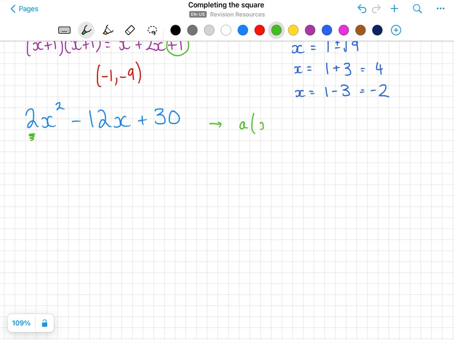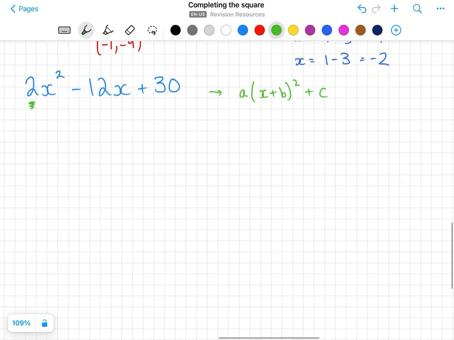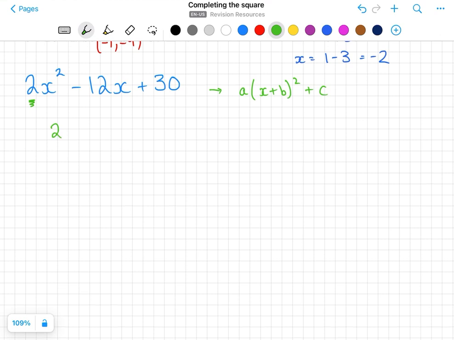They want the form a(x plus b) squared plus c. So what we have to do on our first step is take out 2 as a factor, because whatever the number in front of your x squared is, that is what you need to take out of the bracket to leave you with just 1x squared in the bracket. So we divide everything by 2. So x squared minus 6x plus 15.